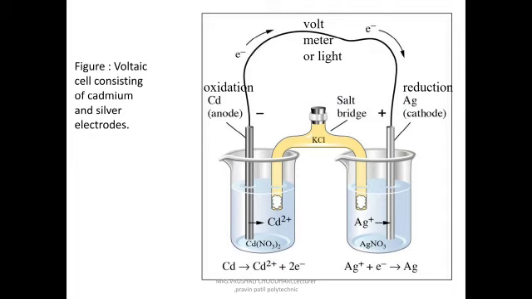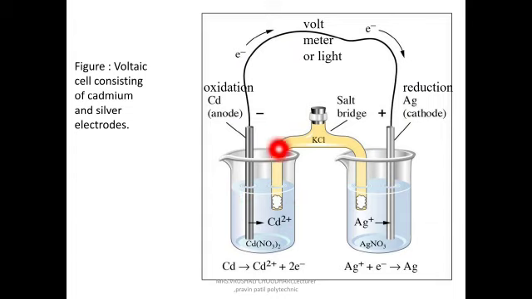This is the system where cadmium is dipped in a cadmium nitrate solution and silver is dipped in an AgNO3 solution. These are the two electrodes dipped in their respective electrolytes. The joining of these two half cells makes one assembly, and the whole device is called a cell, which has two half cells.